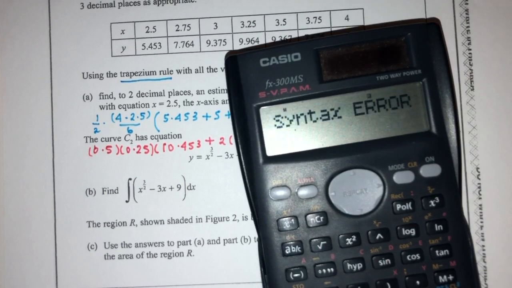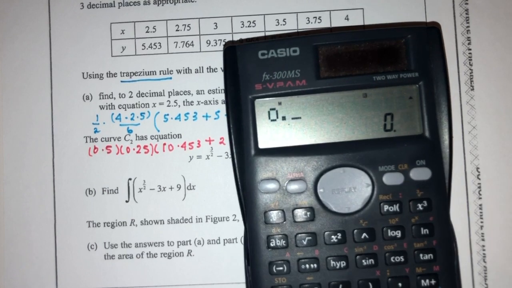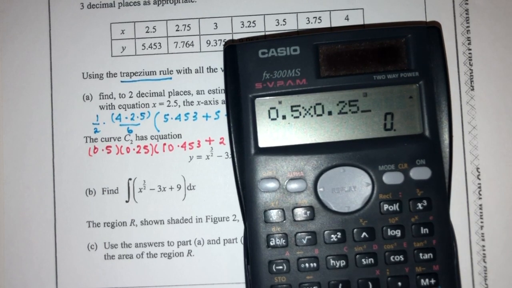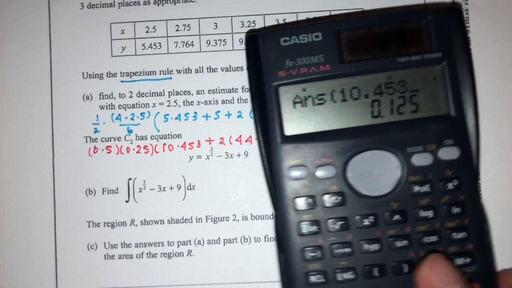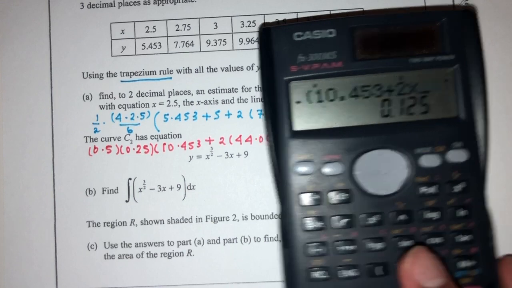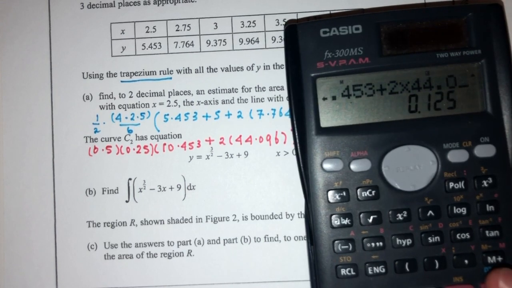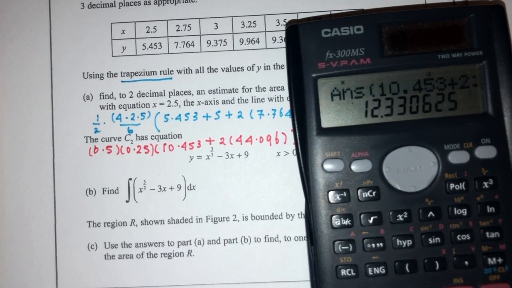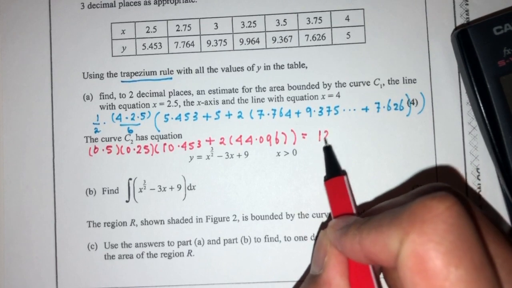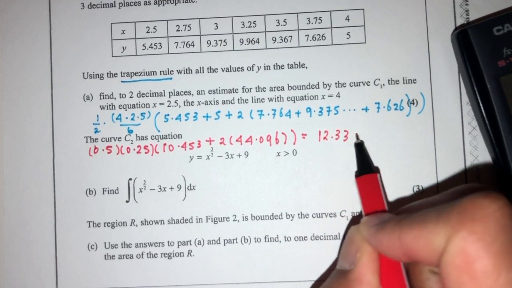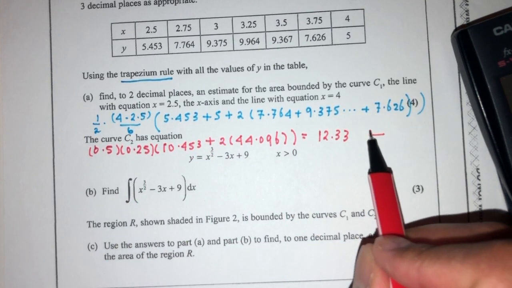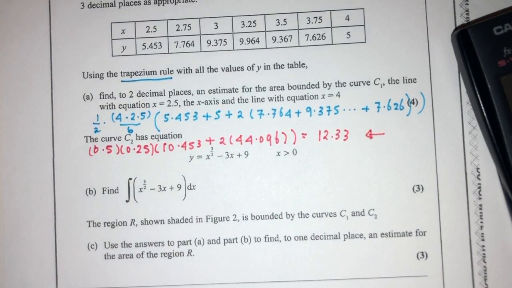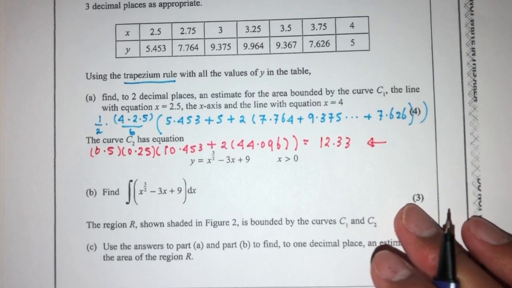That will give me 12.33, correct to 2 decimal places. So this will be the estimation for the area by using the trapezium rule.